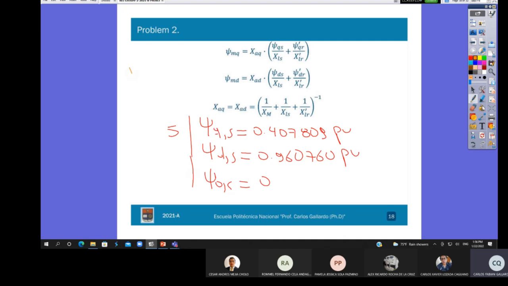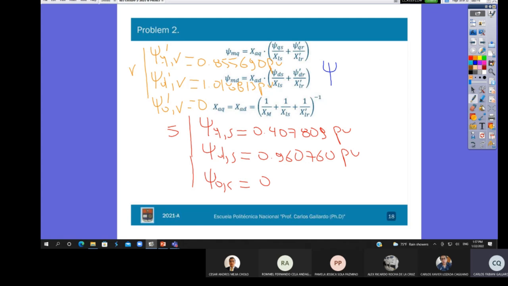What about the rotor? For the rotor, I will have the quadrature axis flux, the direct axis flux, and the zero axis flux. This is for the rotor. And for the rotor, I will get 0.855690 per unit. Okay, for the direct axis flux, I will get 1.018813 per unit, and the last one is equal to 0.